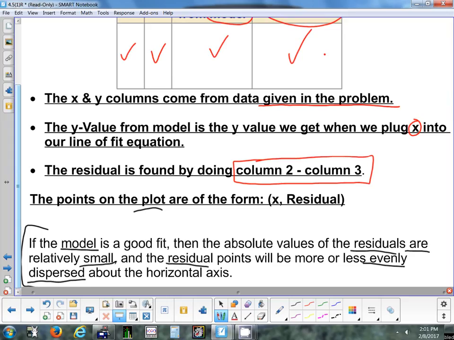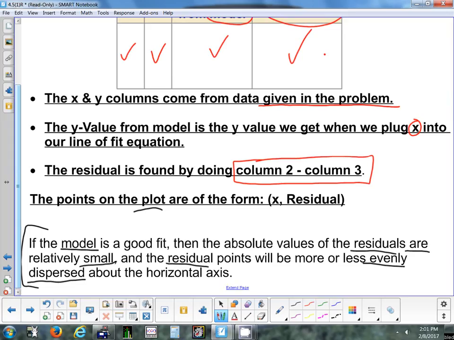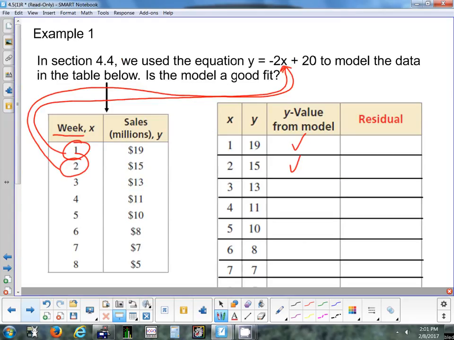That means we had all positive residuals and didn't have any negative. You should have a balance of positive and negative residuals. It's almost going to make a nice pattern when you graph your residuals, if it's a good fit.